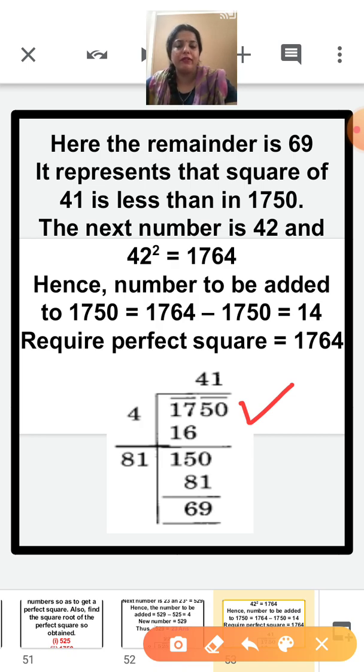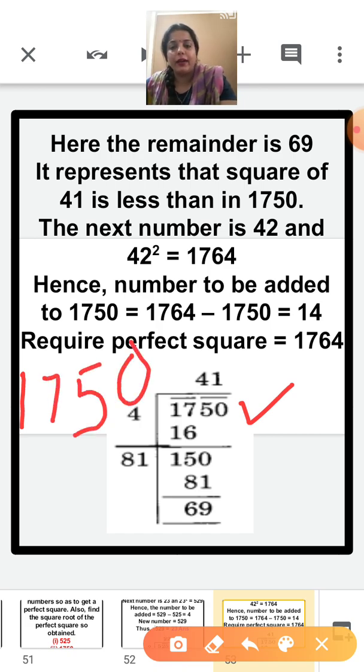So 1750, initially what you need to do is make pairs. How can you make pairs? By putting a bar from the rightmost side. So 50 is under a bar now, and 17 is under a bar.